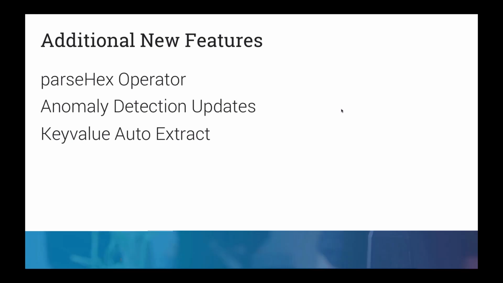Whereas with key value, you can have any key values within your message, and by default, we'll support basically your normal key equals value, either in quotes or not, and then you can give it some additional input to change that. So again, for those of you who have either standardized on JSON or key values, it allows you to really take advantage of some of the automatic parsing that these will provide.